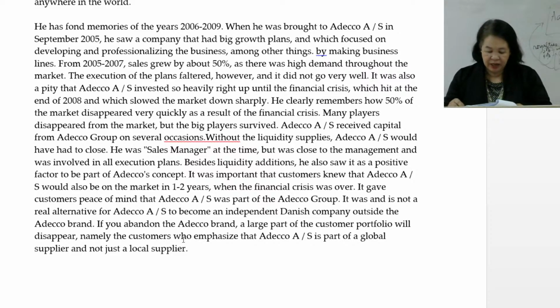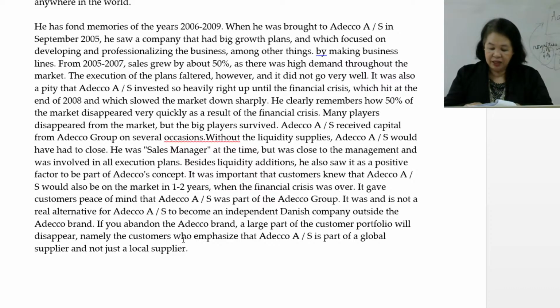It was and is not a real alternative for Adecco AS to become an independent Danish company outside the Adecco brand. If you abandon the Adecco brand, a large part of the customer portfolio will disappear. It gives weight to their affiliation with Adecco Group.